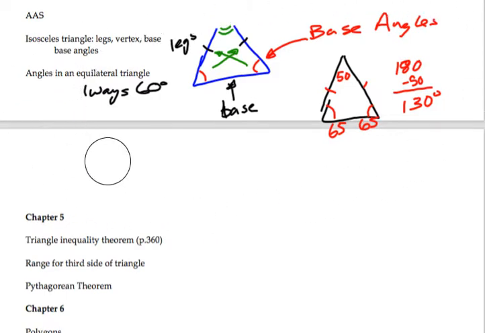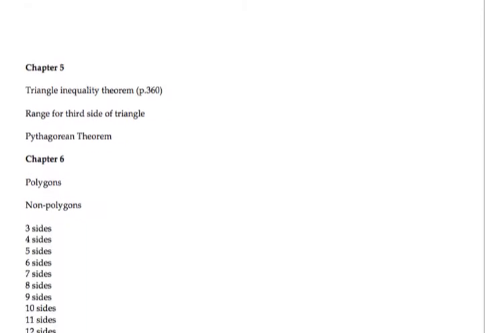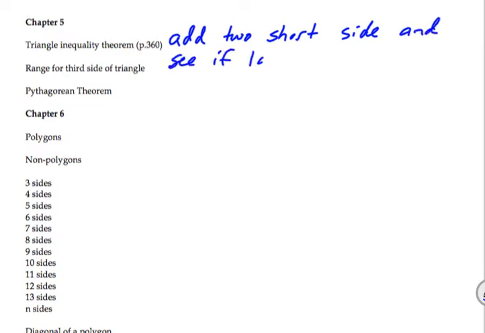So then we're just going to keep moving on to chapter 5, because that was really not covered that well. Triangle inequality theorem tells you that you add two short sides and see if it's longer than the long side.